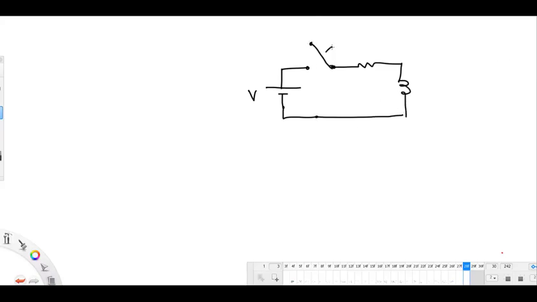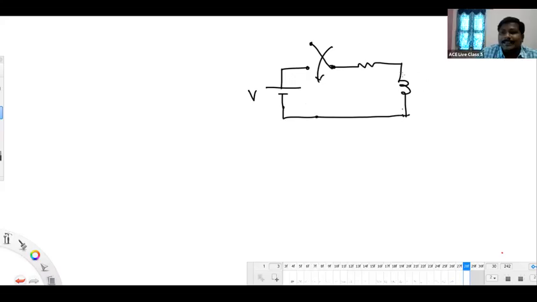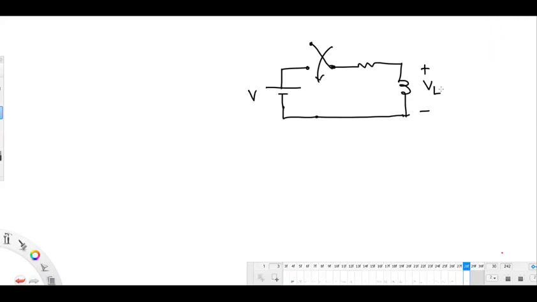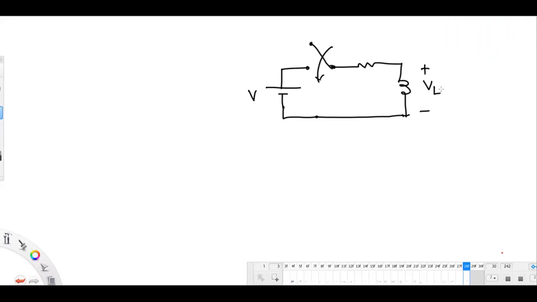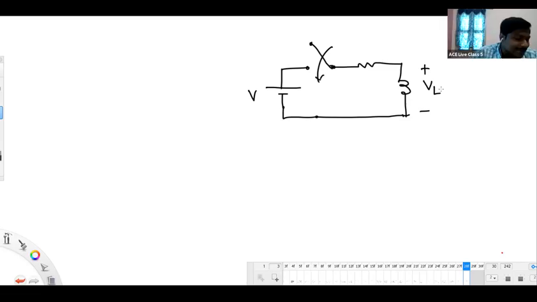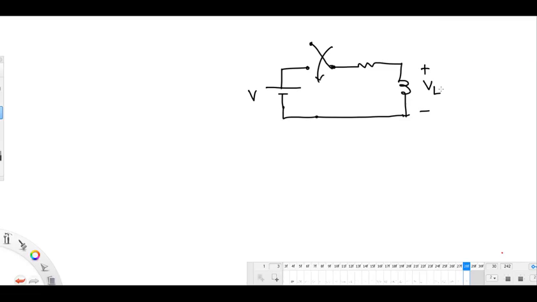Whenever the switch is getting closed, at the instant of the switch closing, what's the inductor voltage? Total voltage appears. But according to your view, it should be less, right? That cannot happen. We are discussing the transient period. Now I got it.